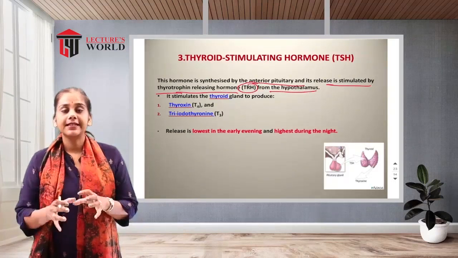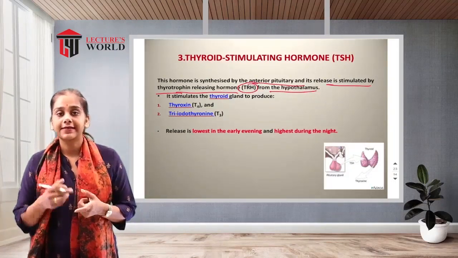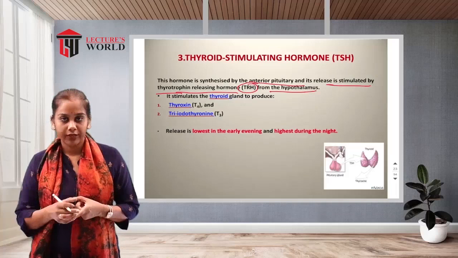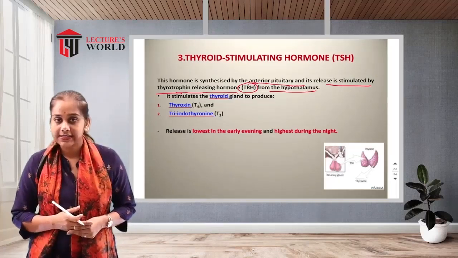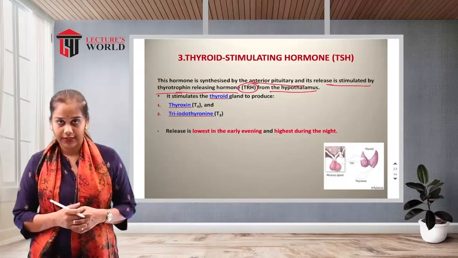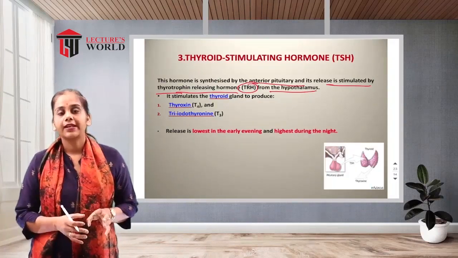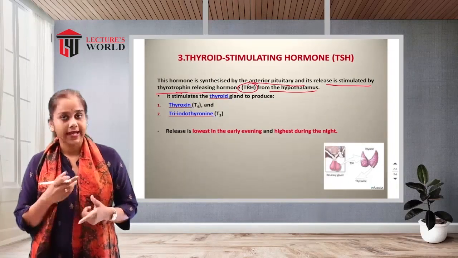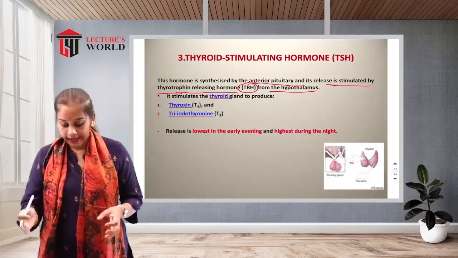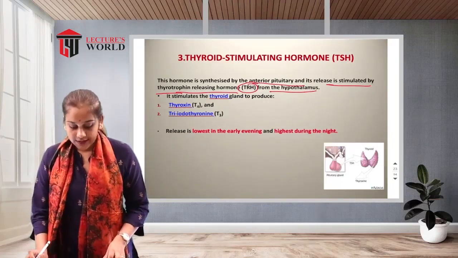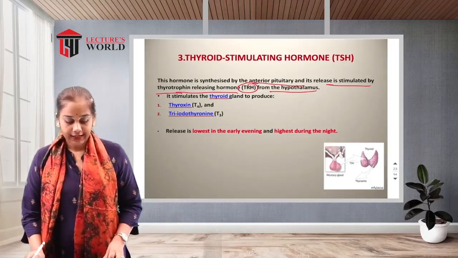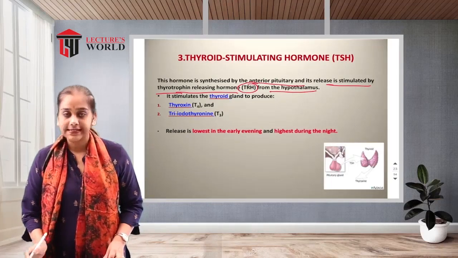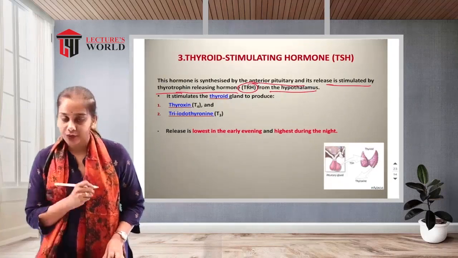So from the anterior pituitary they synthesize thyroid stimulating hormone, and the releasing hormone controlling it is TRH, thyrotropin releasing hormone, from the hypothalamus.